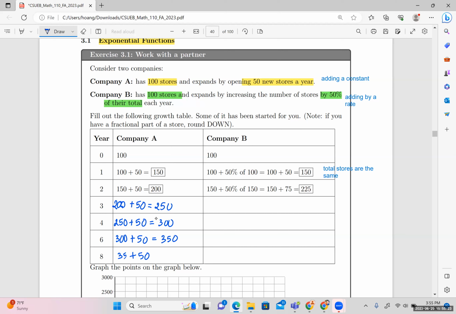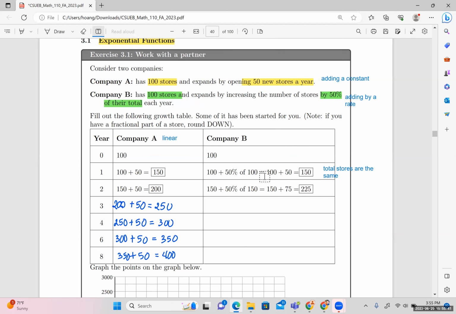And then 350 will be 400, right? So this is clearly linear. I'm gonna say this is linear. Okay, linear. Now let's take a look at B.